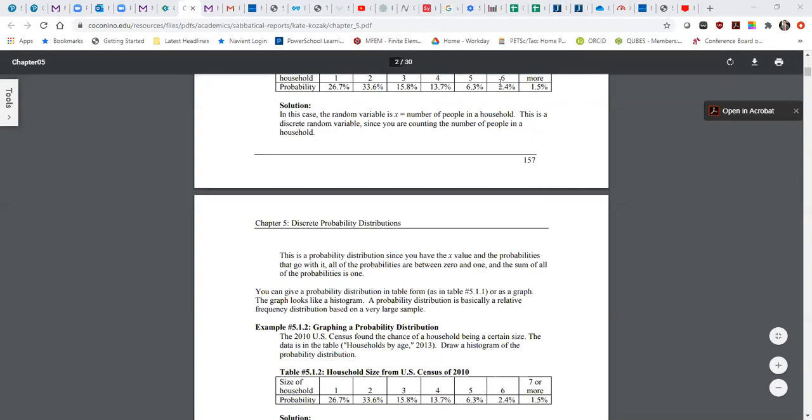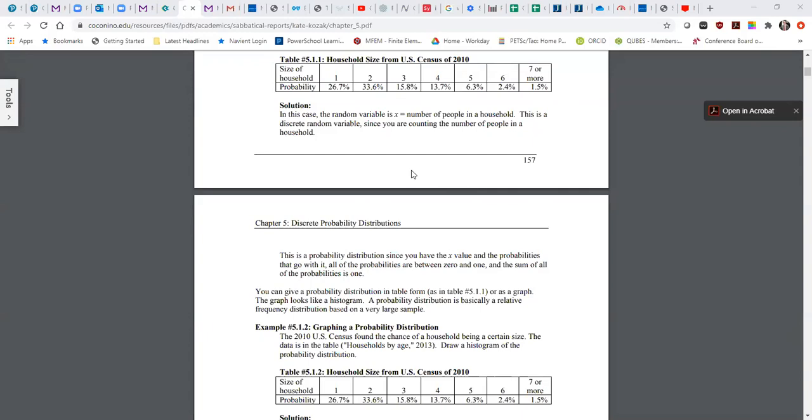This one is 0.024. This one is 0.015. So if you add these together, you get 100% or you get 1. So the sum of the probabilities is 1, and this is considered a probability distribution.